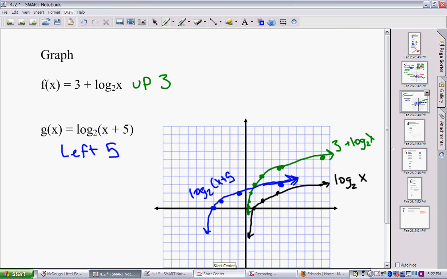And that is how you can use the transformations to graph logs by hand.